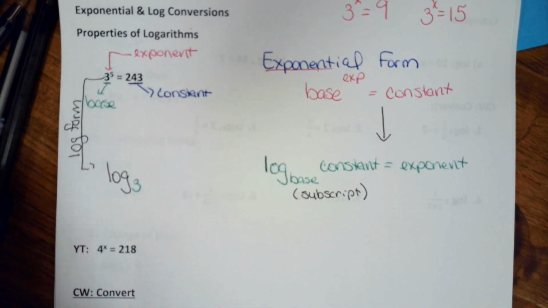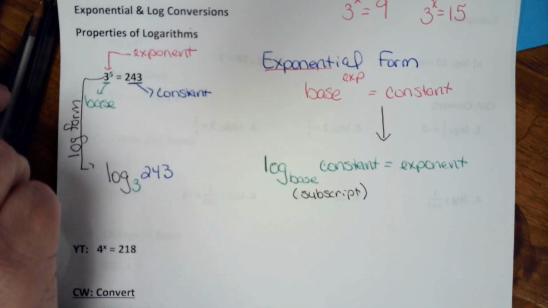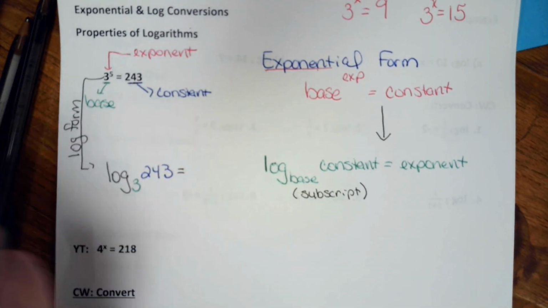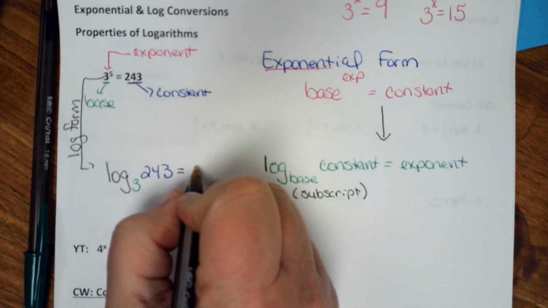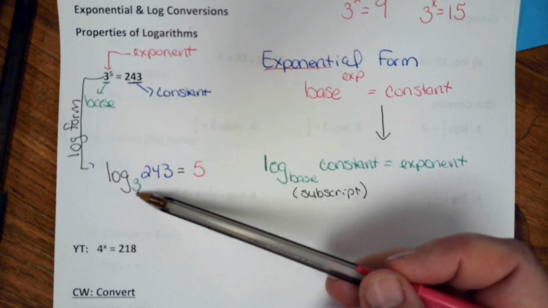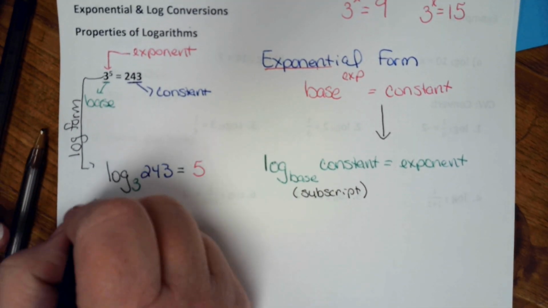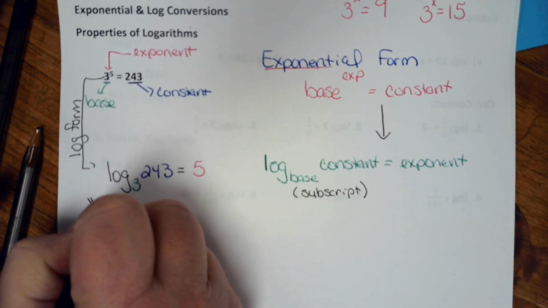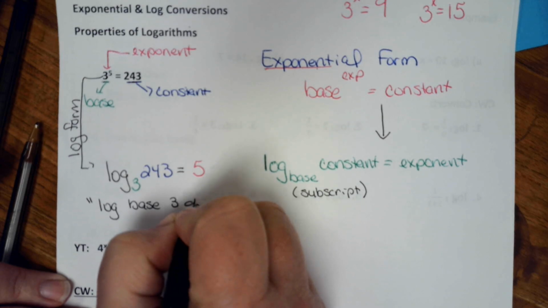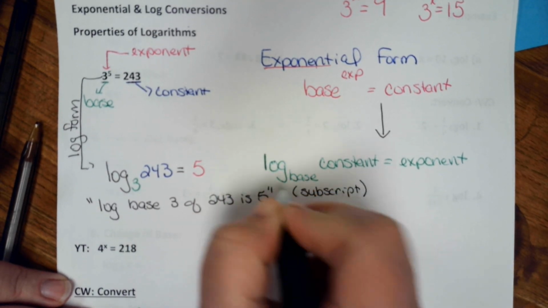Our constant is 243, and then our exponent is 5. So we're going to say log base 3 of 243 equals 5. That's how you read it. Log base 3 of 243 is 5.